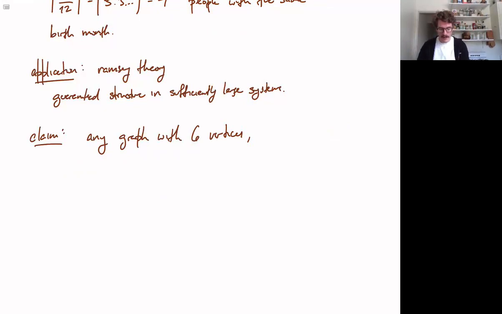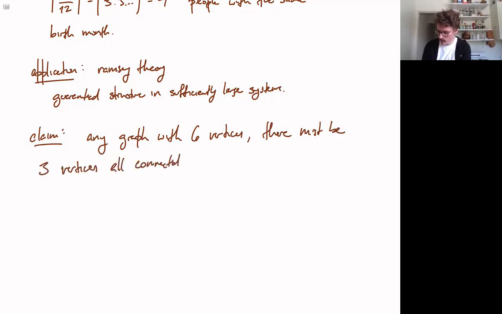So what we could say is that for any graph with 6 vertices, there must be 3 vertices all connected to each other, forming a triangle, or 3 vertices, none of which are connected to the others.